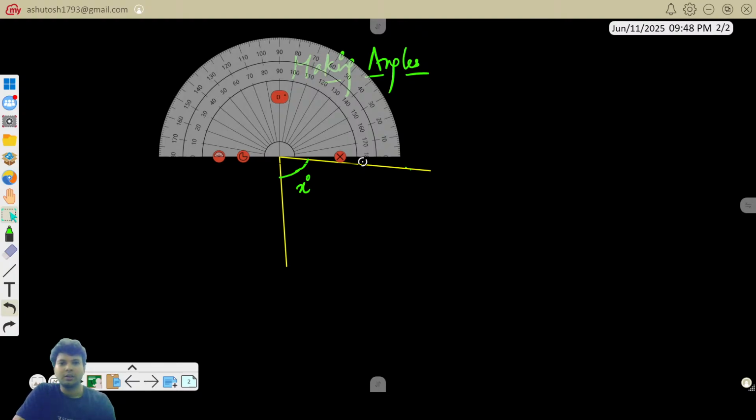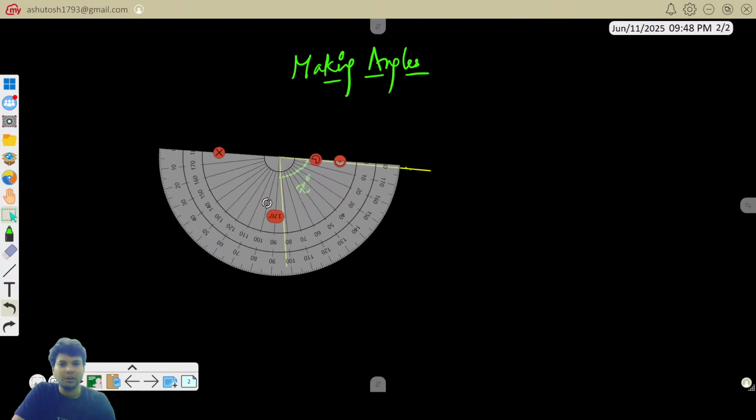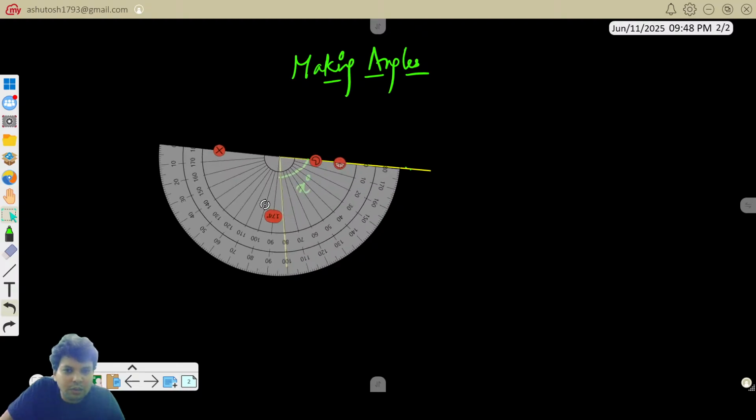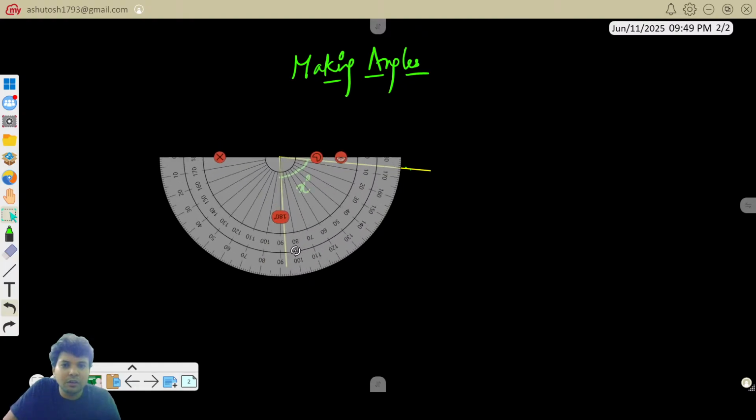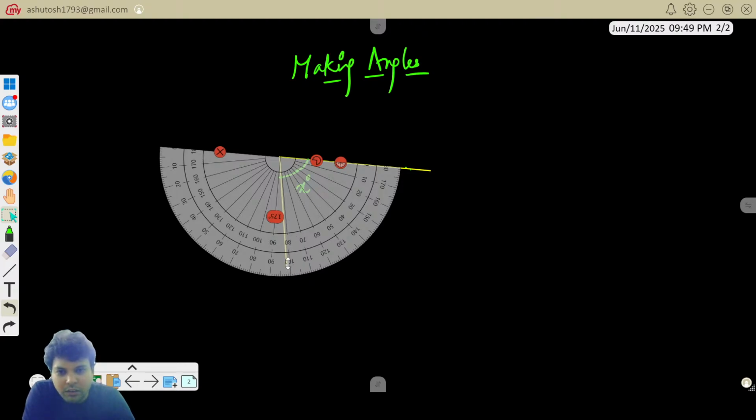Now, we will rotate it, but that 0 degree has to converge with this particular line. One minute. It is not converging. Now it has converged.